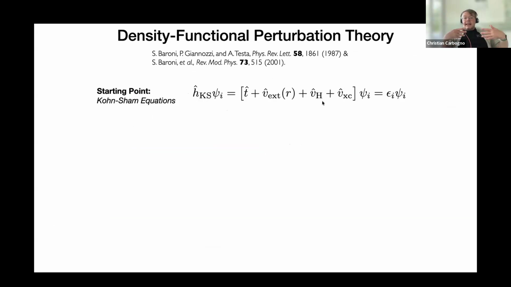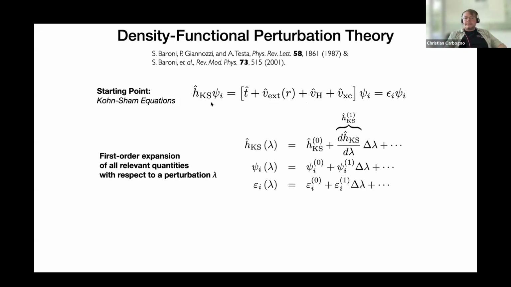And now, again, we do a Taylor expansion. But now we do a Taylor expansion really in this electronic Hamiltonian with respect to an external perturbation. In our case, this would be such a displacement. So what do we get? For each of these properties, we now get a Hamiltonian that is the original Hamiltonian plus the derivative times the displacement.